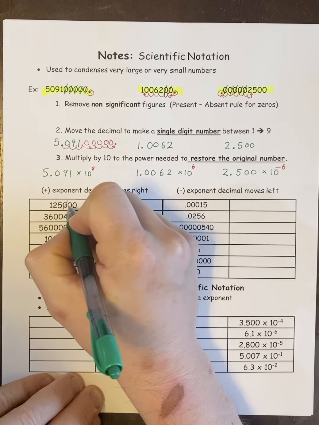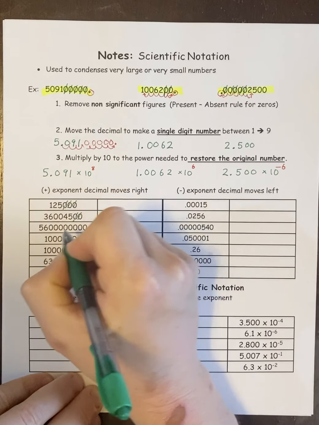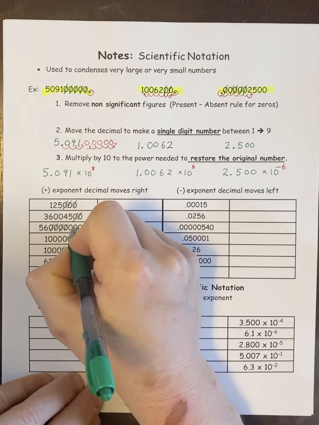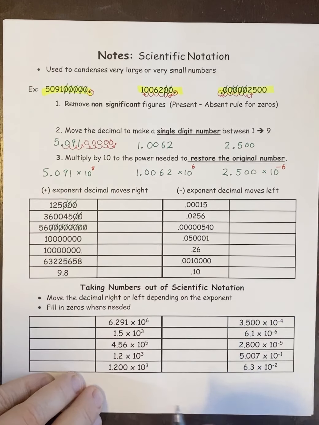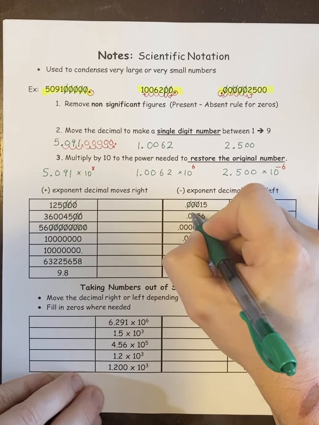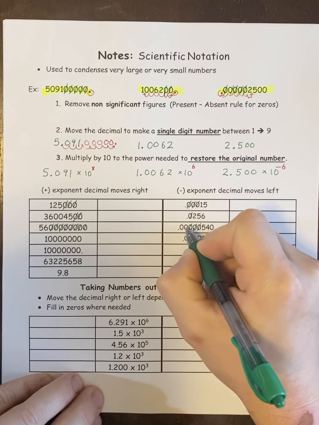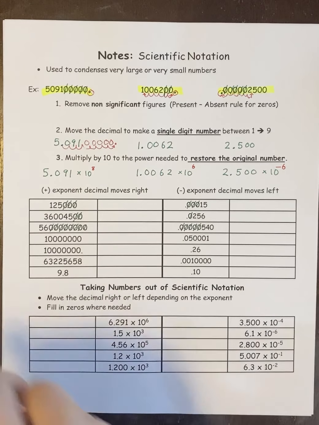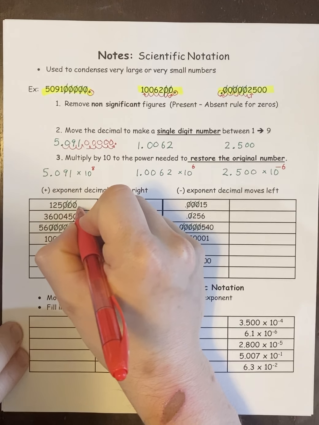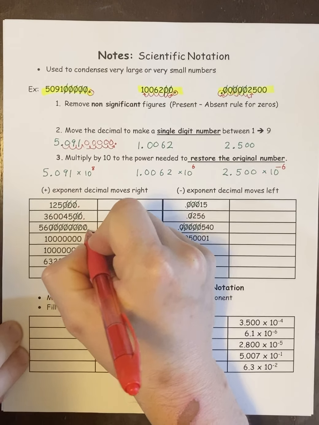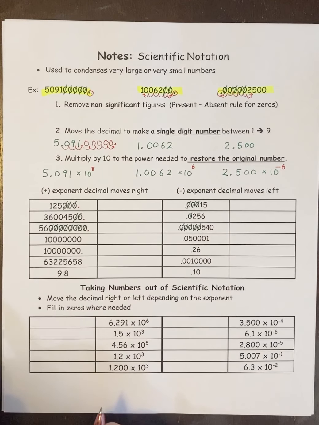So the first thing we do is we get rid of zeros that are not significant figures. So those are the ones we want to get rid of. So we get rid of all those. Then we assume the original decimal was there, and in this it's written in, so we don't have to worry about it.